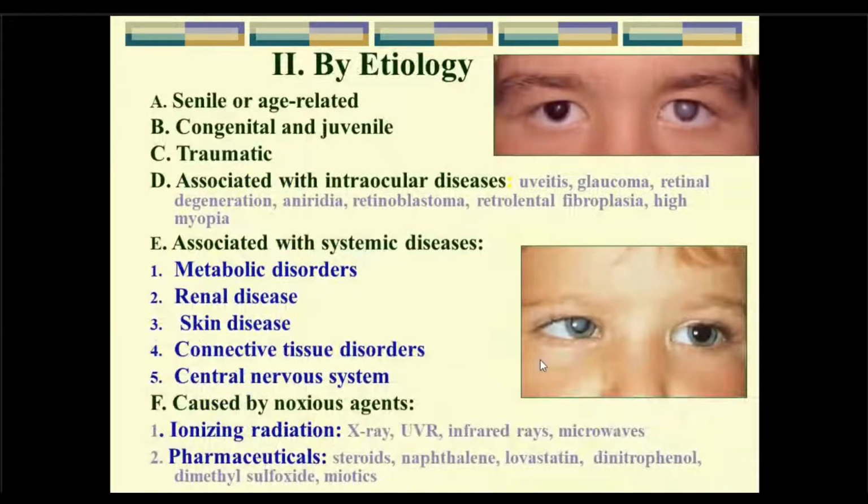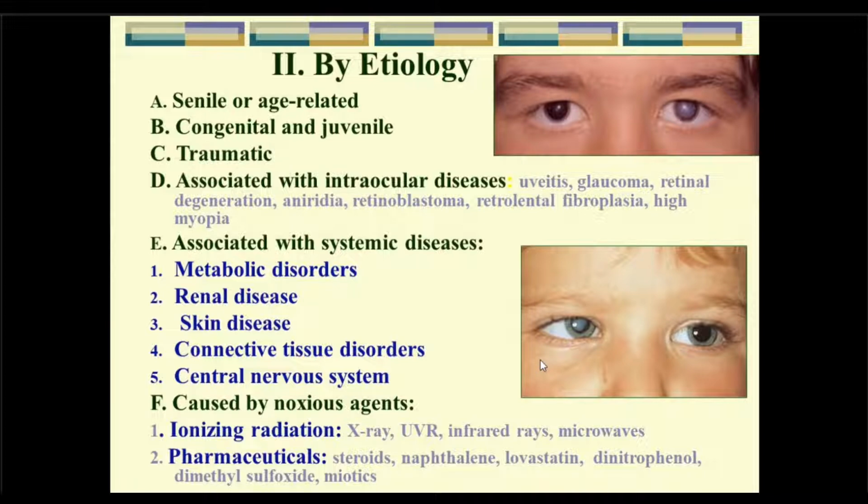According to etiology, we can divide cataracts into senile or age-related. To tell the truth, this is the most common cataract. Many people after 60 have cataract.